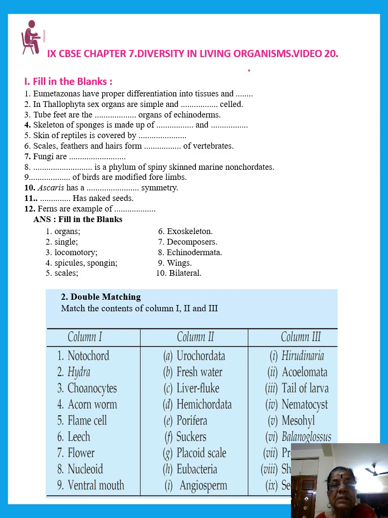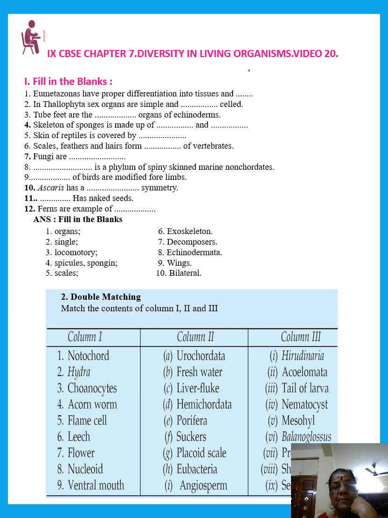Okay. Then the skeleton of sponges is made up of spicules and spongin. The skin of reptiles is covered by scales. Scales, feathers and hairs form the exoskeleton of vertebrates. Fungi are decomposers.